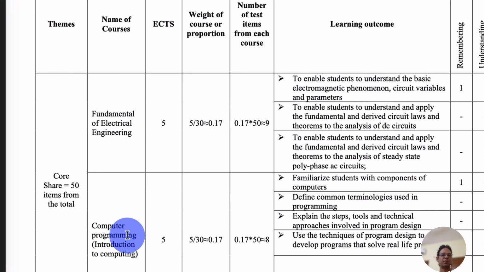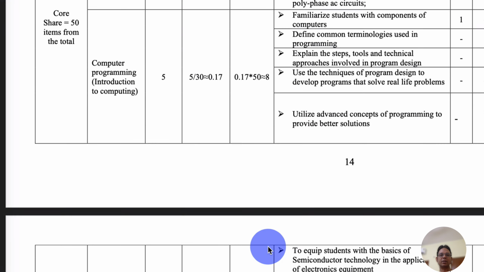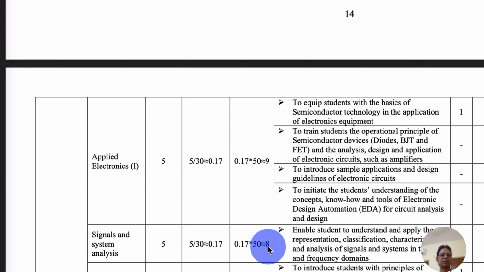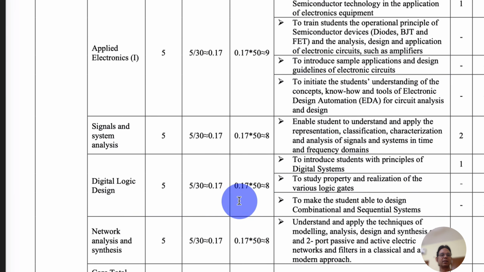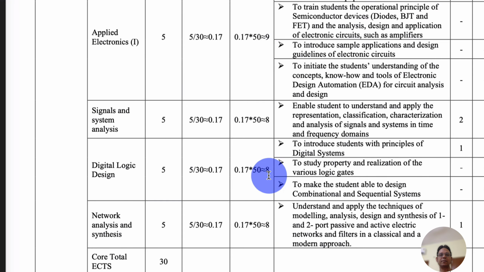From computer programming, 8 items will be covered. Similarly, applied electronics 9, signals and system analysis 8, digital logic design 8, and network analysis and synthesis also 8. How much skill a student can develop accordingly is also written here.